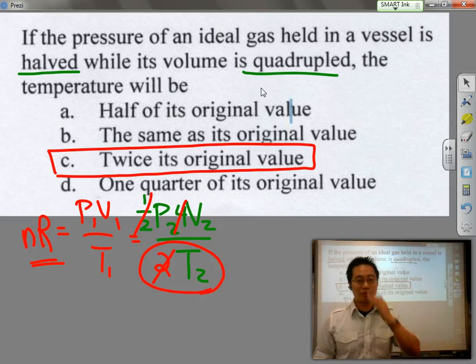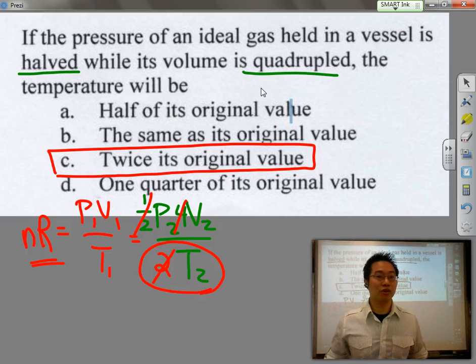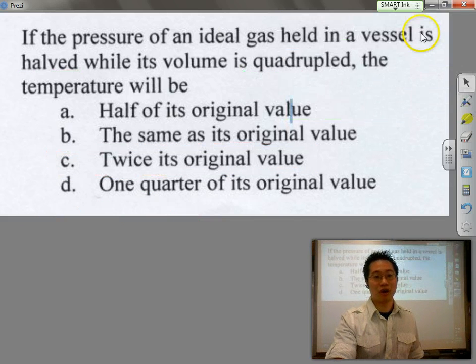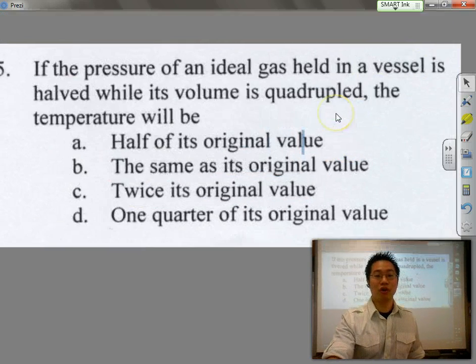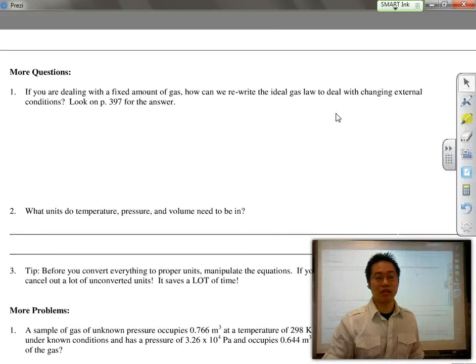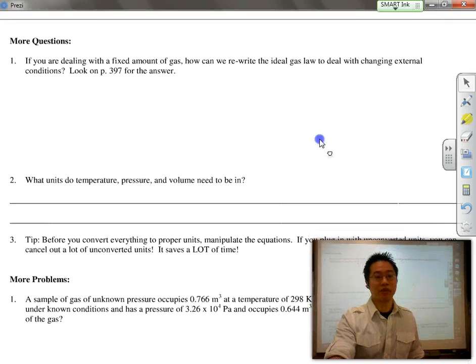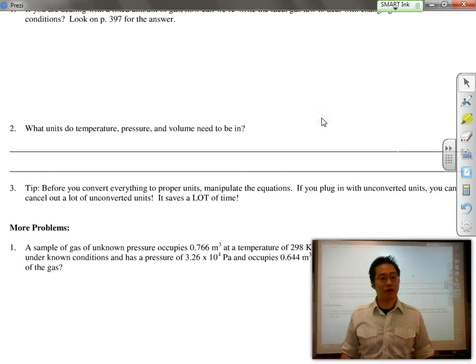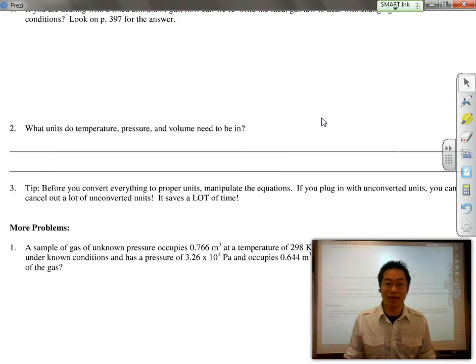Okay, so the most common type of question with this is going to be the multiplier question, and keep in mind that you are looking to cancel out all of the multipliers. Remember, however, that if you are going to do this mathematically, you have to use the proper units.